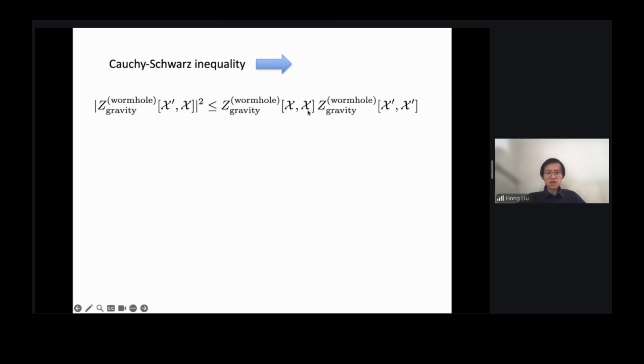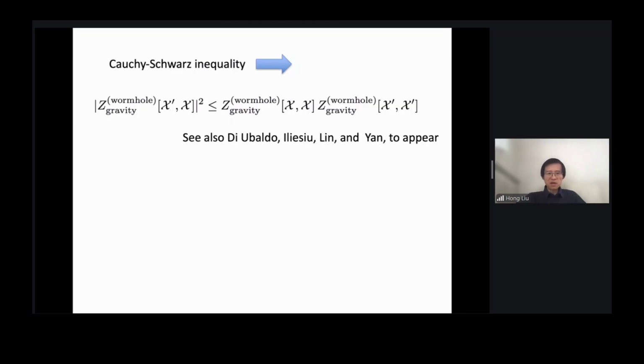It immediately tells you that whatever gravitational theory you have, if it has a CFT dual, then its wormhole amplitudes should satisfy this constraint. This also provides a way to falsify our assumption. If this is checked not to be correct, then there's something wrong with my proposal. That's the nice thing about the proposal: on the gravity side, you can in principle check it explicitly.